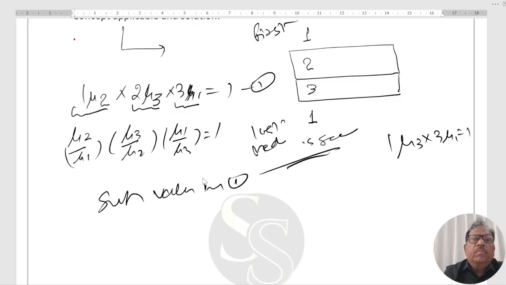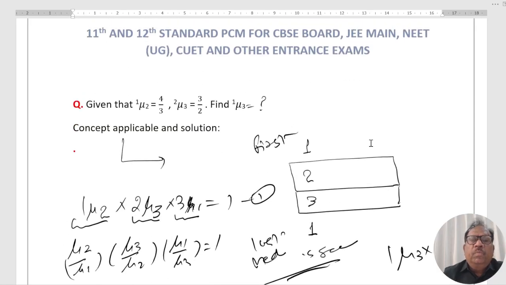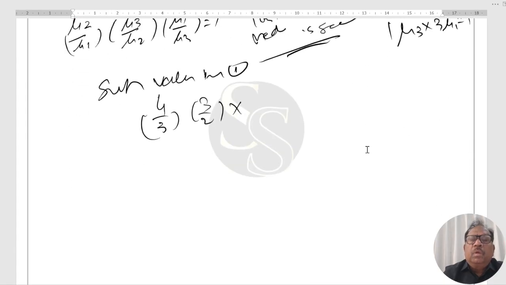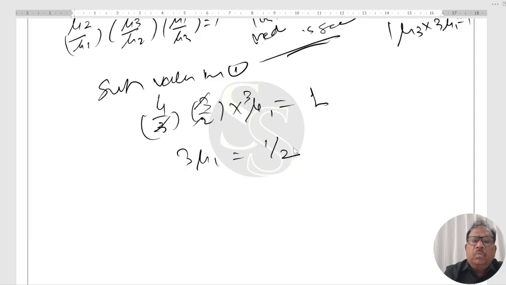So, substituting values: 1 mu 2 is 4 by 3, 2 mu 3 is 3 by 2, into 3 mu 1, that is equal to 1. On simplification, this comes out to 2 times 3 mu 1 equal to 1, so 3 mu 1 equals 1 by 2.